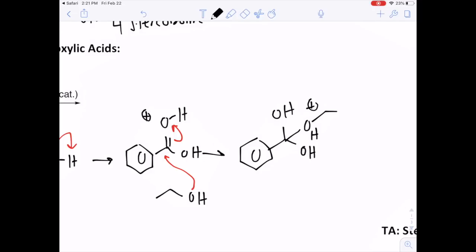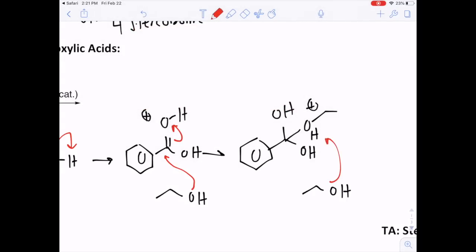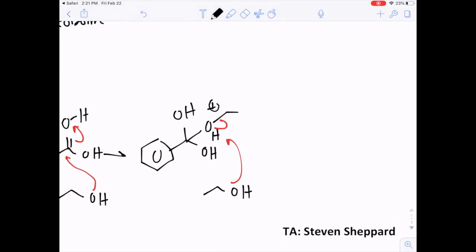So what we want to do is take this molecule of ethanol again, and remove a hydrogen from that ester, I guess, group that we just formed, well, the ether group. And we are going to form this. And that.